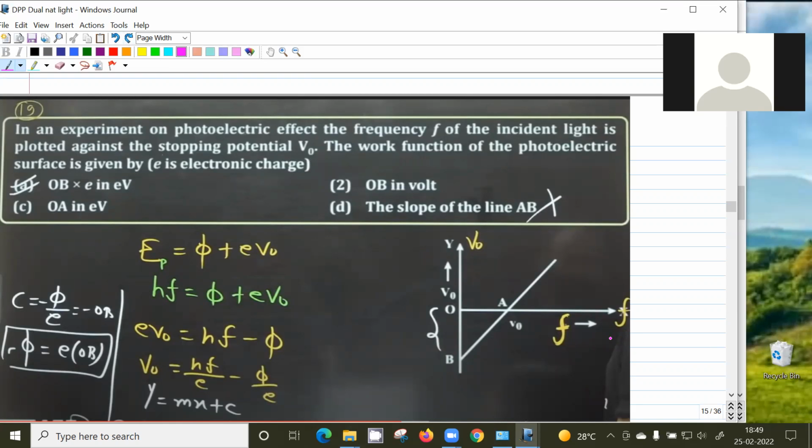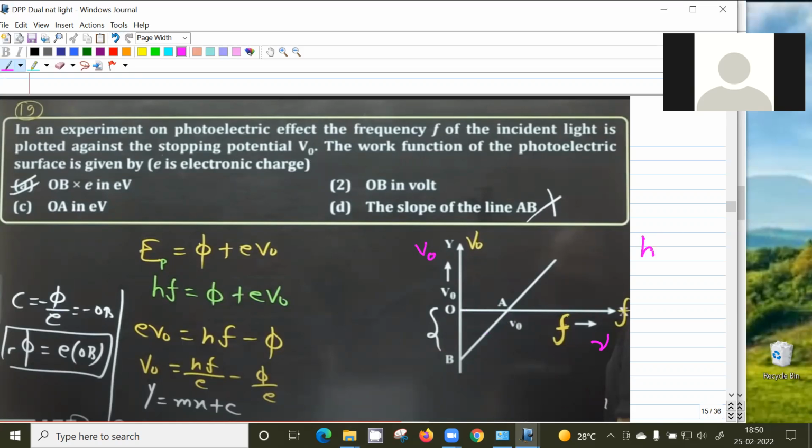The stopping potential is plotted on the y-axis against the frequency. Below a certain value of frequency, there is no stopping potential.